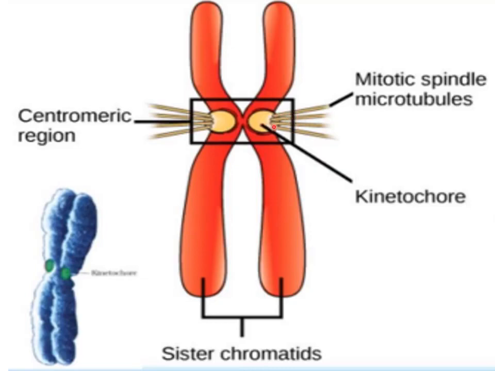So this kinetochore is a disc-like structure present on the centromere for the attachment of the mitotic spindle. In this chromosome, you can see these two arms. These are sister chromatids. These two tube-like structures present here are called the two sister chromatids.